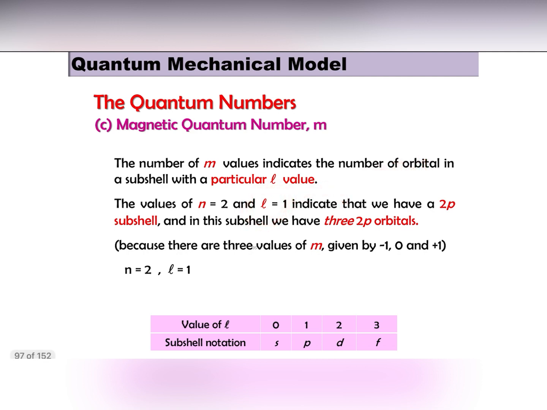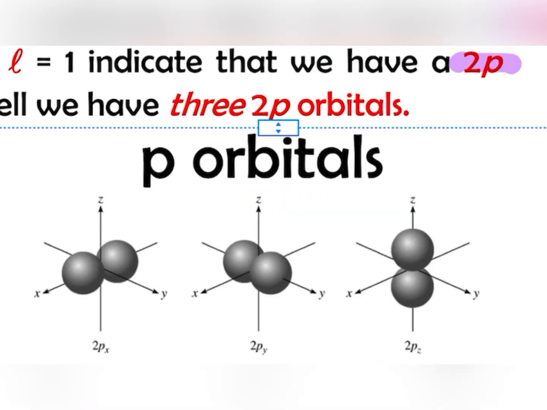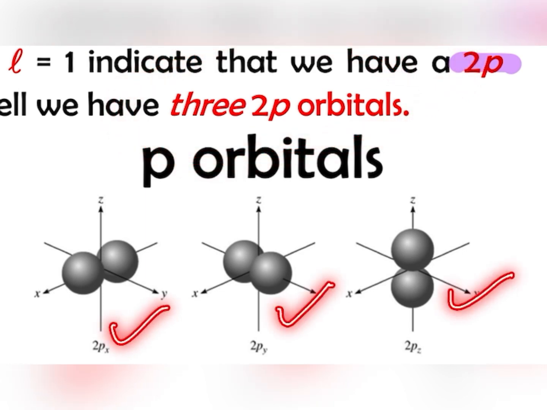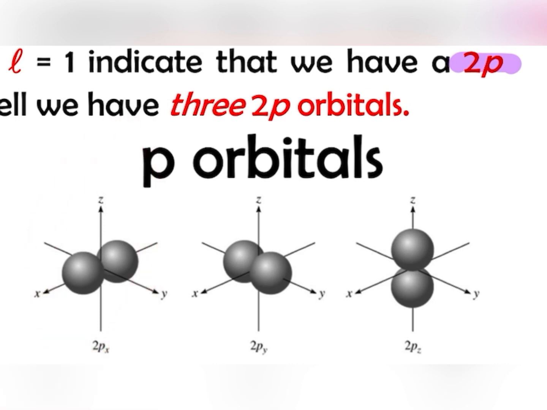Okay, so for p orbital, so in these 2p orbitals, px, py and pz, ada 3 possibility untuk elektron itu, di mana elektron itu berada. So dia boleh jadi in 2px orientation ataupun in 2py or in 2pz orientation.